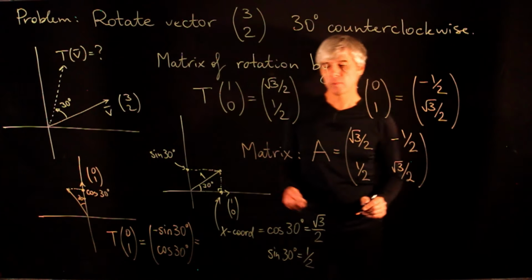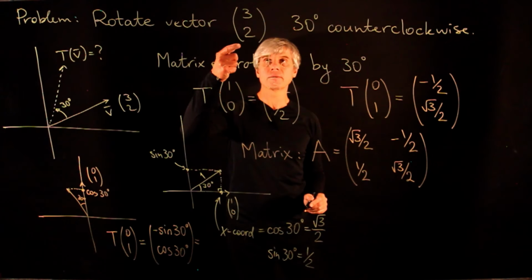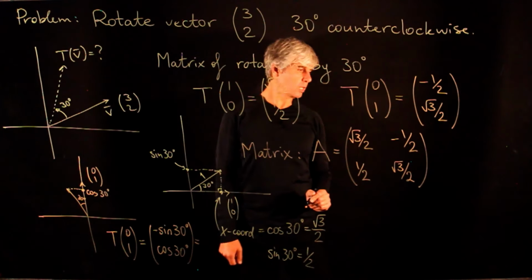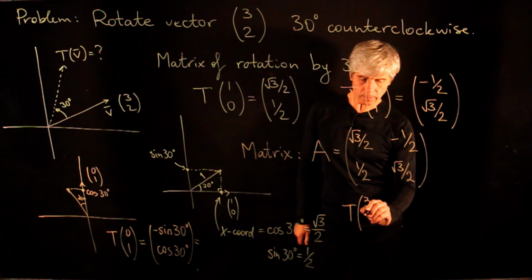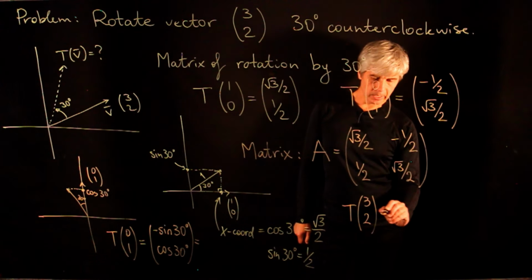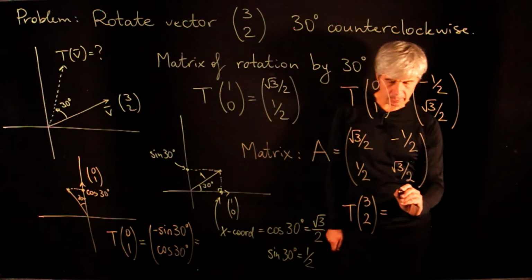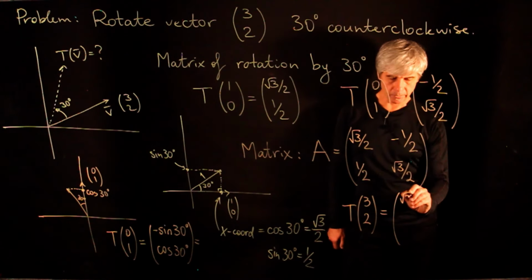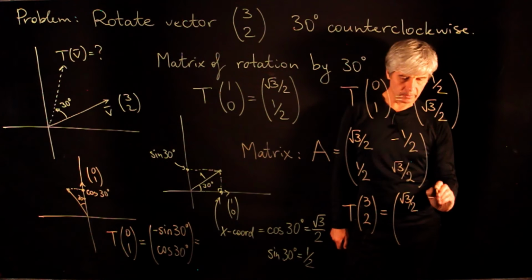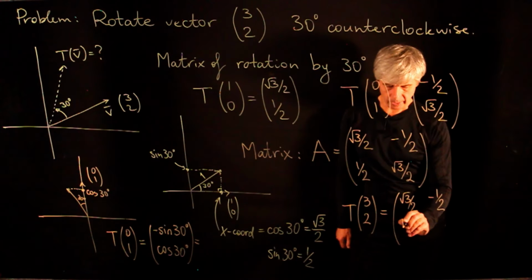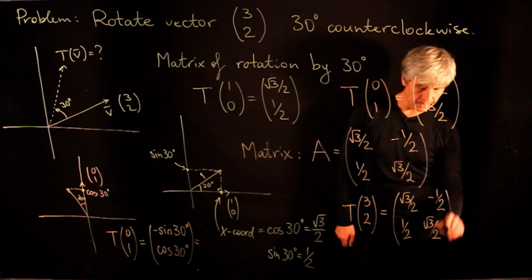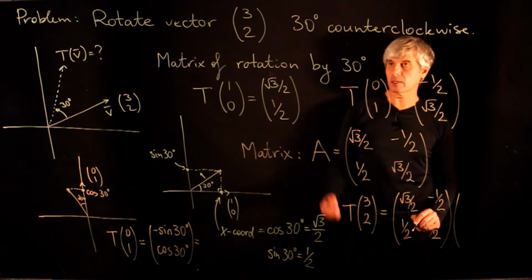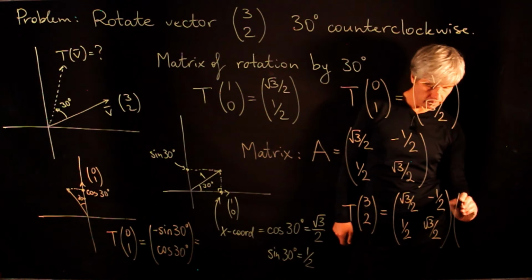And now we can deal with our specific vector, (3, 2). So if we want to find the image of the vector (3, 2), we need to multiply this matrix, root of 3 over 2, negative 1/2, and 1/2, root of 3 over 2, by our vector (3, 2).